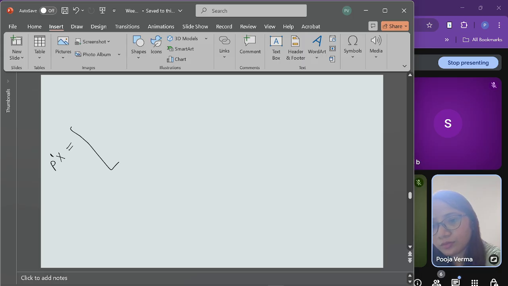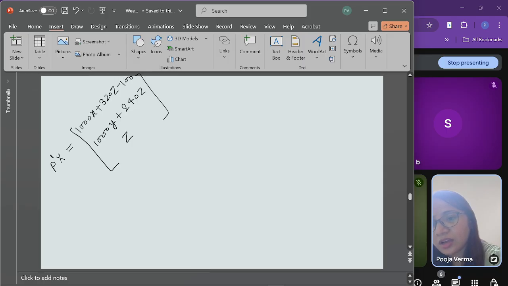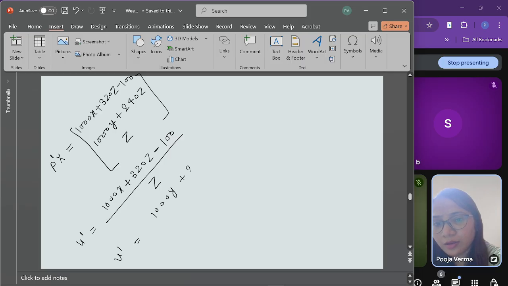If you multiply these two, you get 1000x plus 320z minus 100 in the first row, 1000y plus 240z in the second row, and z in the last. Dividing by z and equating, u dash is 1000x plus 320z minus 100 divided by z, and v dash is 1000y plus 240z divided by z.